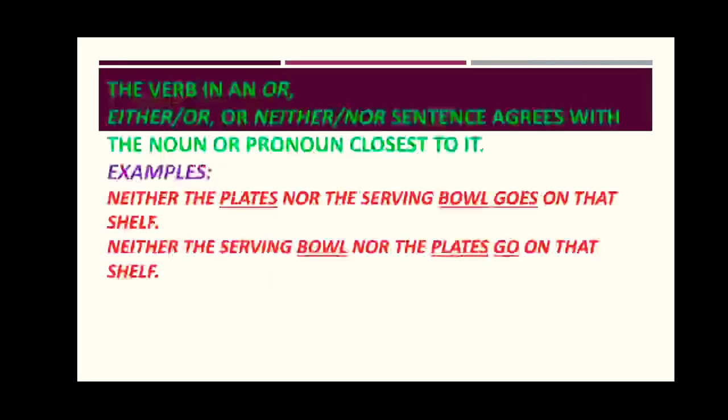Students, these were a few rules which I wanted to make you understand. But the most important key is that if you want to do correct subject verb agreement, then you just have to find out what the subject is in any sentence, and after that you just have to find out whether that subject is singular or plural.